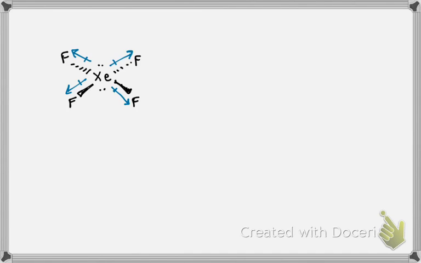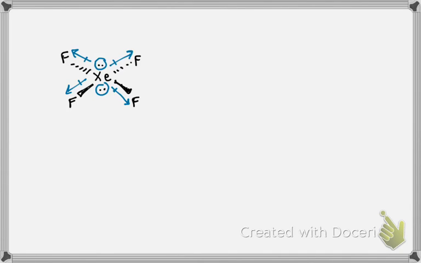So we have something like this. And when you see those lone pairs of electrons, you don't draw a dipole moment for them, because the electrons are essentially just hanging out on that xenon. What you want to think about more is the nuclei, or the positive charge, which is pulling the electrons towards those atoms. So they're not going to affect the dipoles in this case.